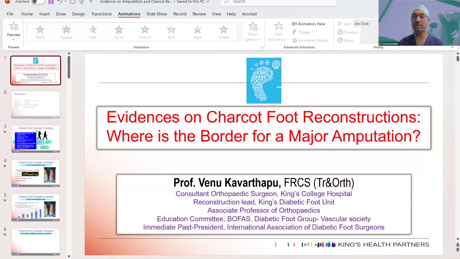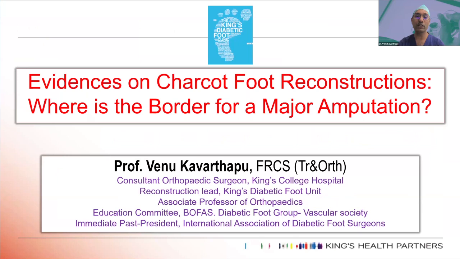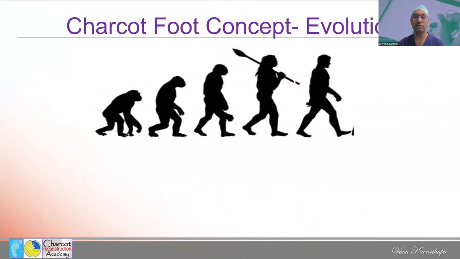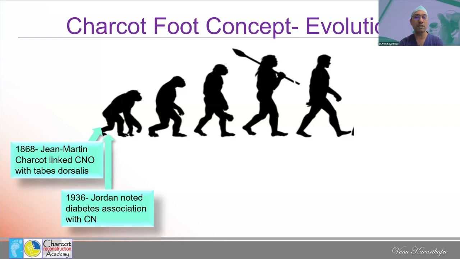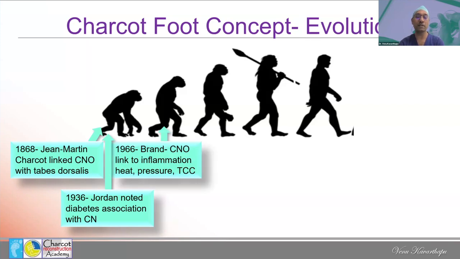It is quite an evolving topic, because we don't completely know about this evolving concept of Charcot foot as yet. Even though it was described more than 150 years ago as a condition that results in bone damage in people with peripheral neuropathy related to tabes dorsalis, it was not until 70 years later that Jordan identified a direct association between diabetes and Charcot neuropathy.